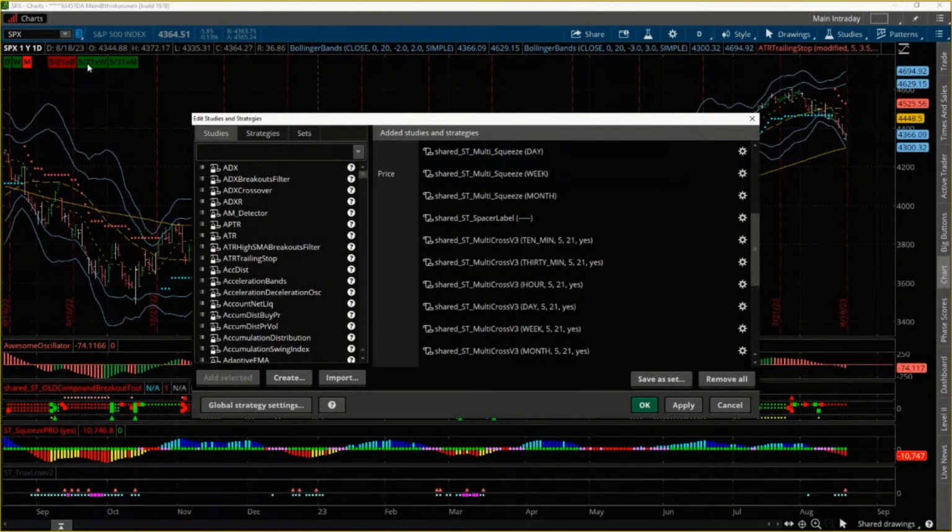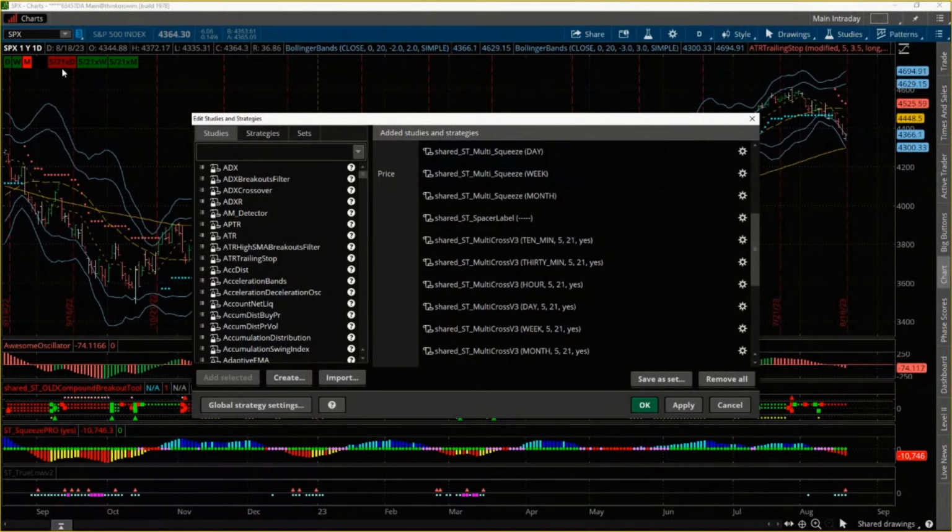So similar to the multi squeeze, it's a good way to be able to look at multiple time frames without necessarily having to click through all the time frames and wait for those charts to load up to have an idea of, okay, everything from an intraday chart up to the monthly chart is bullish, or oh, the intraday charts are all starting to turn bearish and it's almost like a waterfall effect where it's causing the next higher time frame to turn bearish.